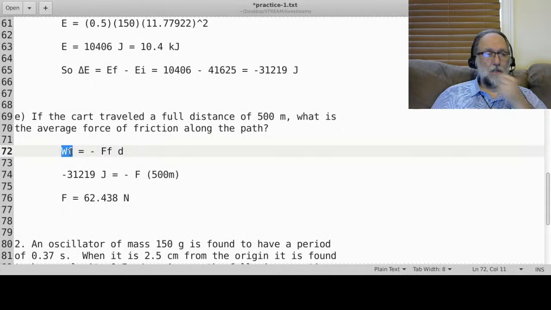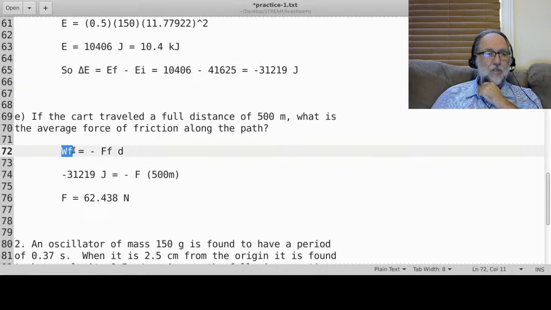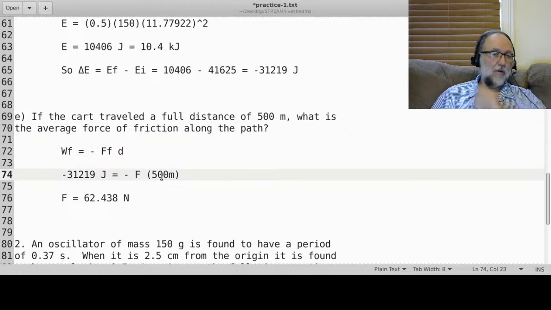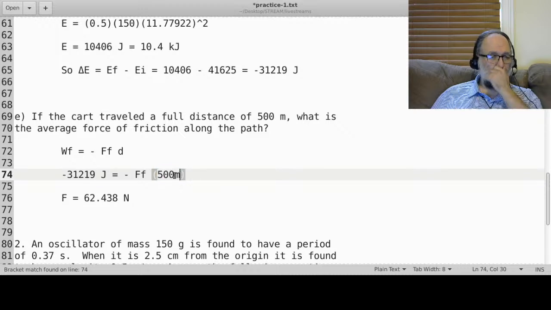But if you just want to use it, you say, well, what do I put in for the work due to friction? Well, that's the energy that became heat, okay? So the work due to friction was just that energy right there. And then the force due to friction, well, that's what we're trying to solve for. And the distance over which it acted, well, that I tell you is 500 meters, okay?